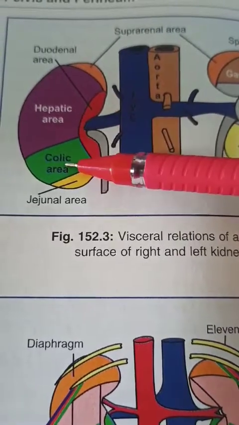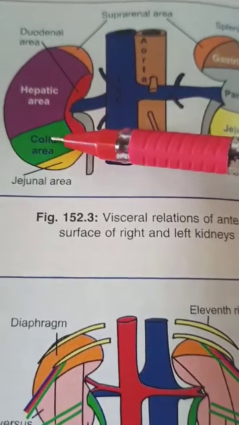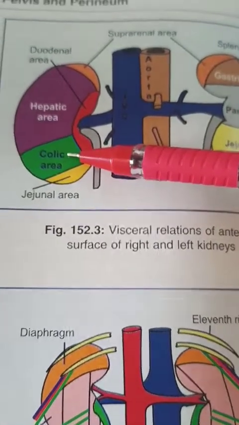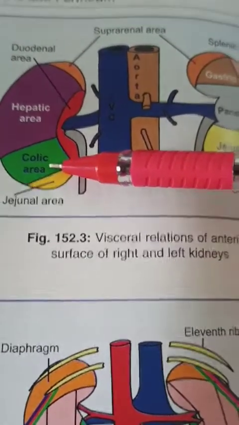Below the hepatic area, we can see this green color area. That is related to our colon, the transverse colon. Here it is known as the colic area. Colon means large intestine.